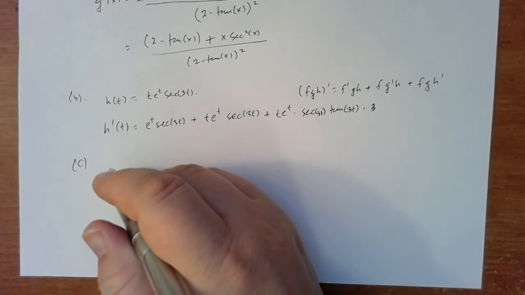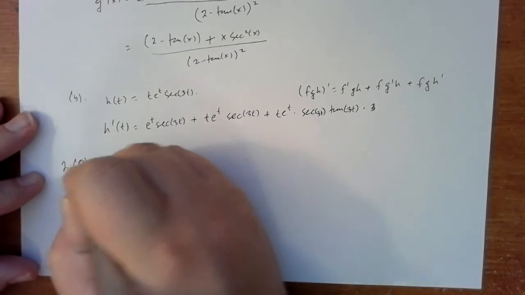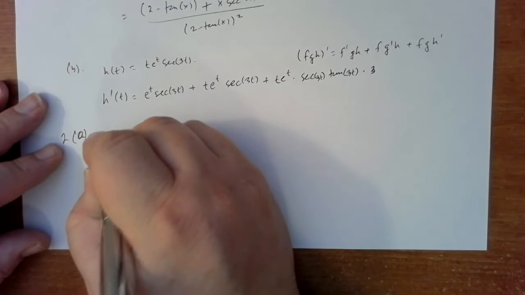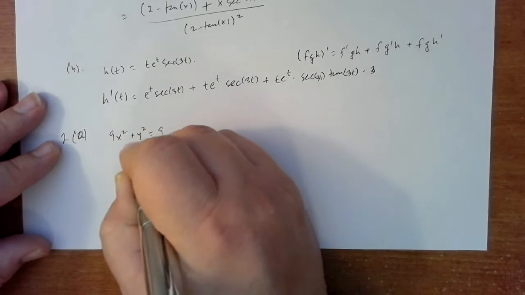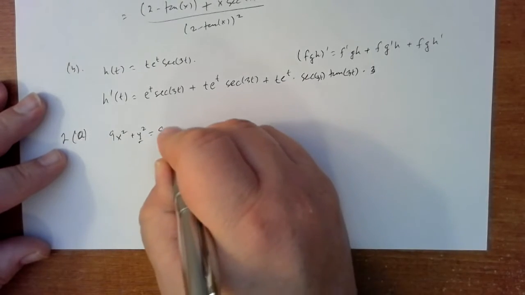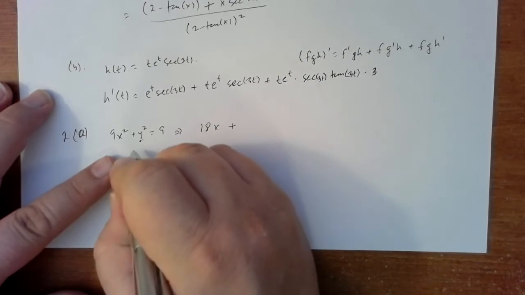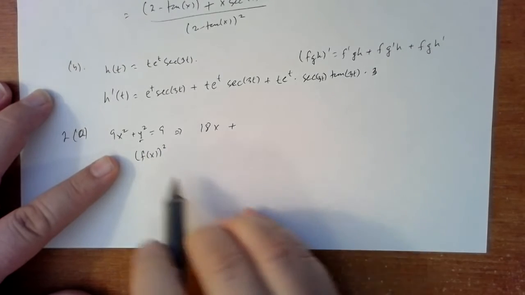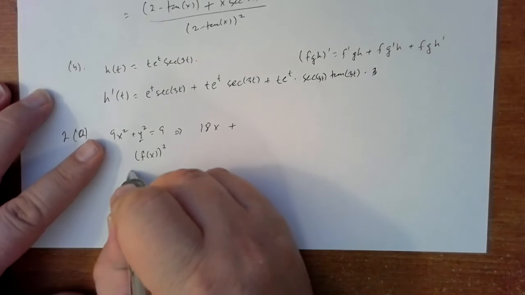Let's see, 2a, I guess, on the next page was 9x squared plus y squared equals 9, and we want to find dy over dx. And so we just differentiate. So that's 18x plus, now this is f of x squared, right? So you're treating that as if it were f of x squared. So the derivative would be 2 times f of x times f prime of x.